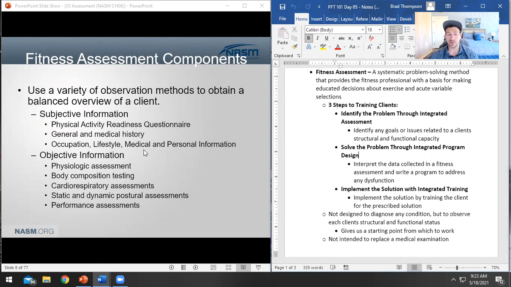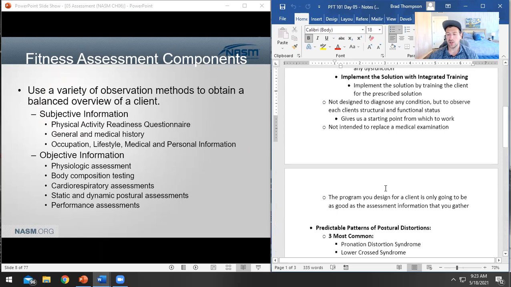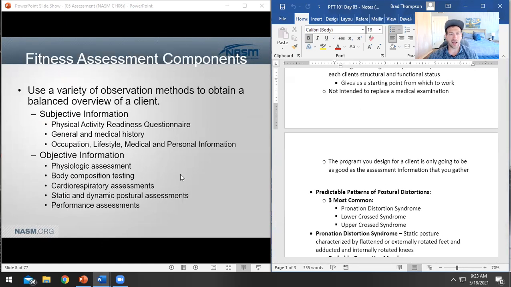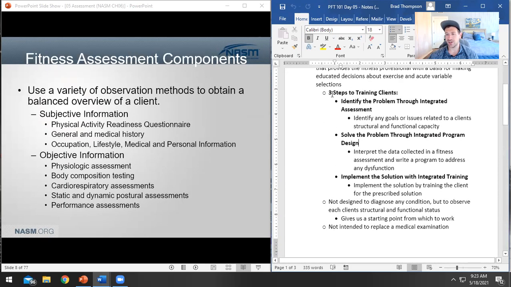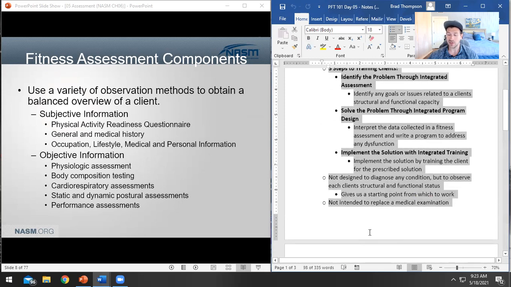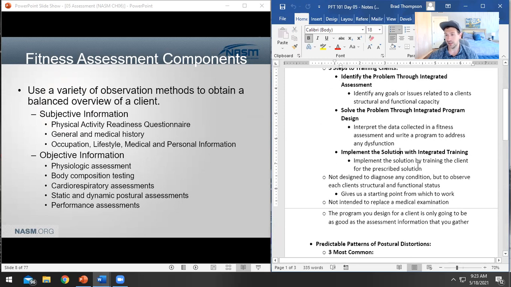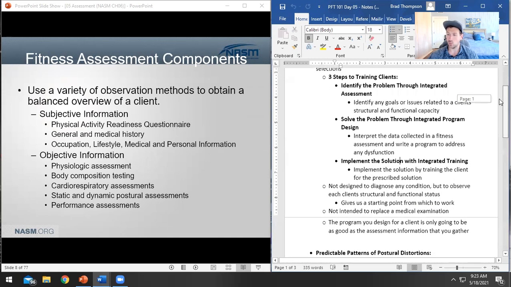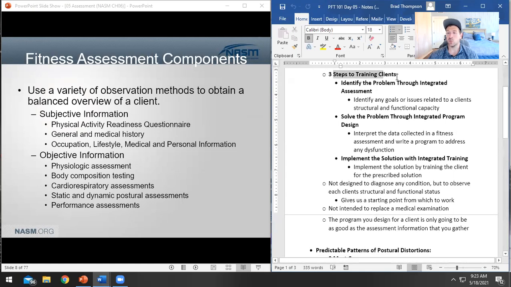There is our subjective information and our objective information. These are actually my notes here, but I want to break down conceptually again what a fitness assessment is. When you think about what a personal trainer does, our entire industry comes down to 3 steps.